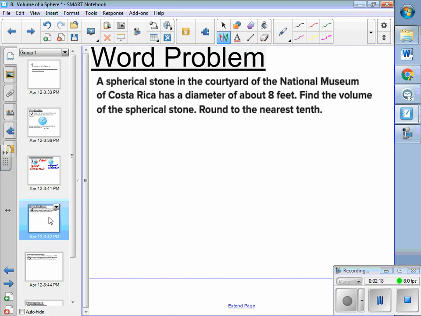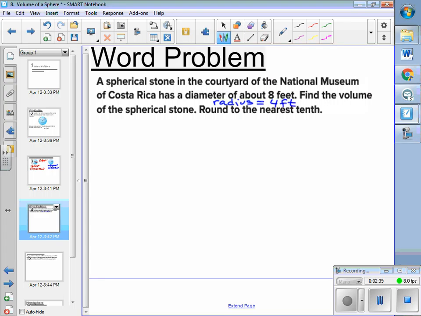Next, we have a spherical stone in the courtyard of the National Museum of Costa Rica that has a diameter of about 8 feet. We're going to find the volume of the sphere of this stone. If the diameter is 8 feet, hopefully you realize the radius is about 4 feet.